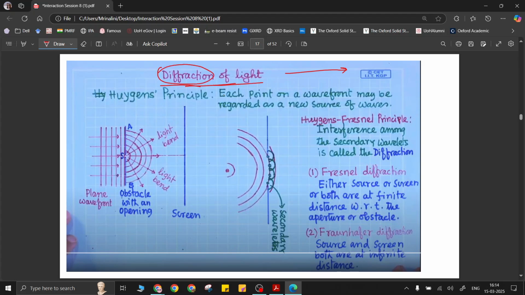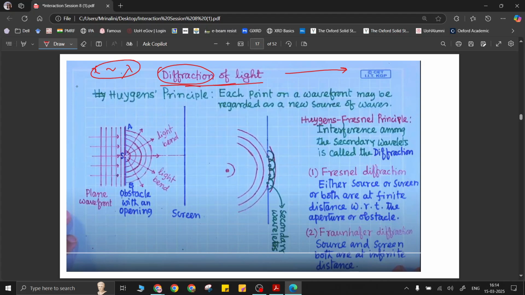This happens when the dimension of the obstacle is comparable to the wavelength of light.